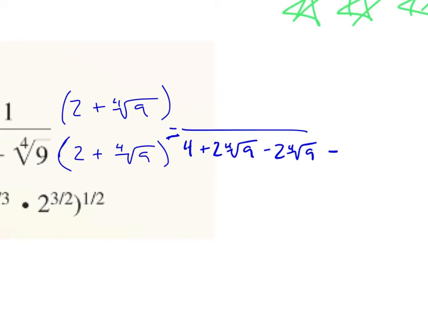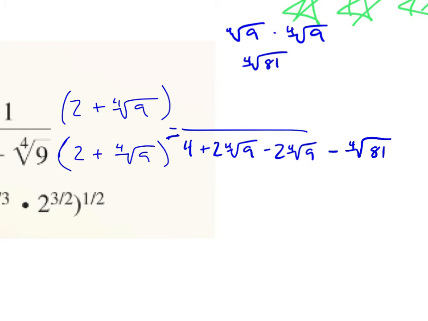minus the 4th root. If I do the 4th root of 9 times the 4th root of 9, I'll do that on top. 4th root of 9 times the 4th root of 9. How do I combine these two together? How do I multiply them? Put them under the same radical, so this would be the 4th root of 81. Perfect. So the radicals don't just cancel here because it is the 4th root.